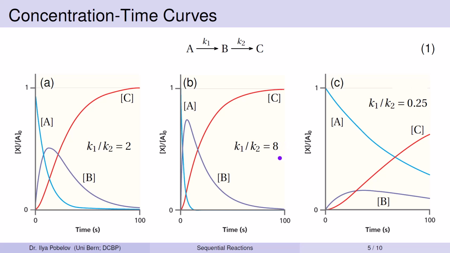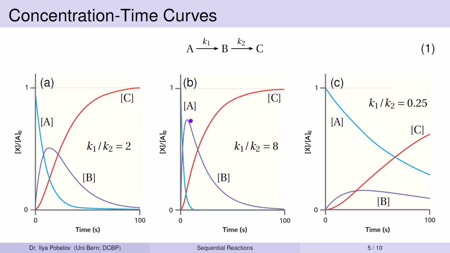For larger values of K1 to K2, as shown in figure B, the reactant A is rapidly consumed and the intermediate B is formed in higher concentrations due to its slower reaction rate.